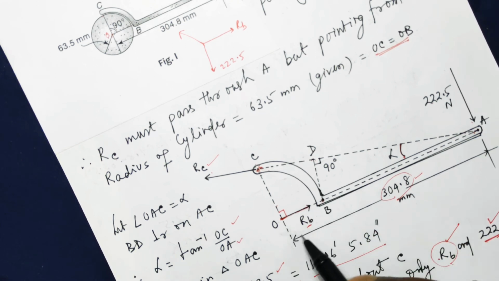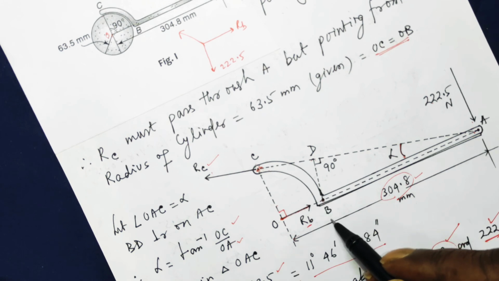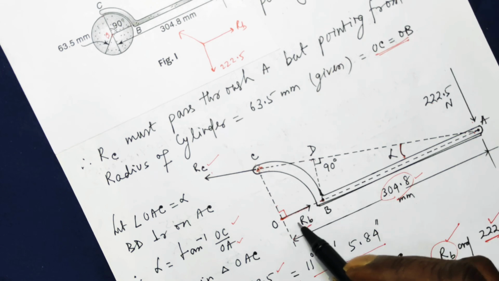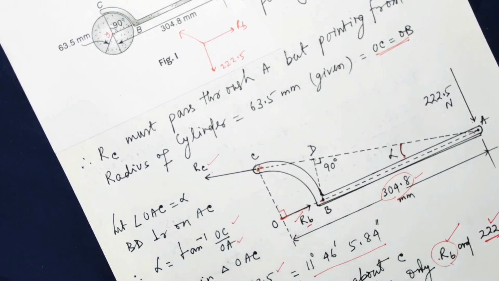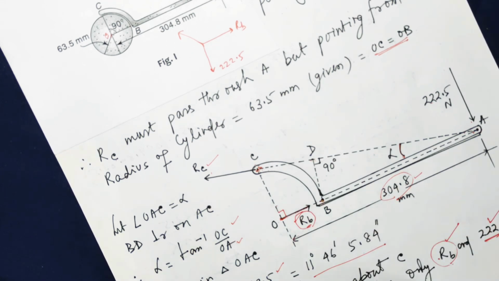Had RB been here, then also it would have a perpendicular distance. But since it is passing through the same point B, RB does not have a perpendicular distance from point B, so RB does not produce any turning effect about point B.